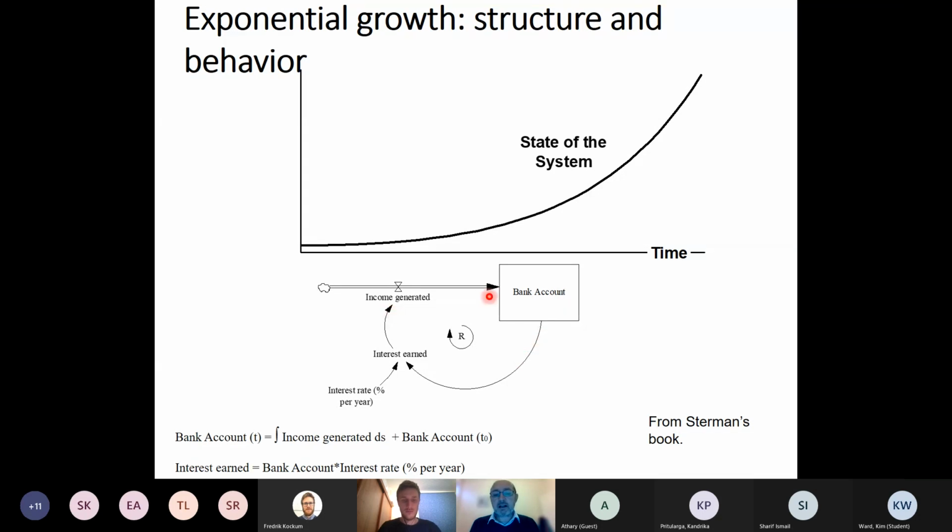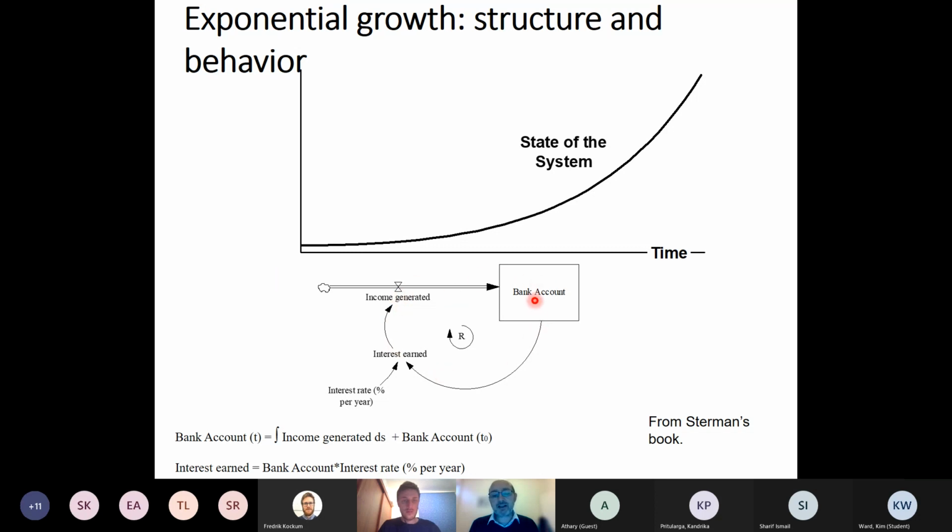So the bank account, in this case, is the accumulation, the state of the system, that tends to be increased by the income that is generated. And how this income is generated is basically from the amount of money that you have in your bank account multiplied by an interest rate. So there is always a factor that multiplied by the stock will give you a certain response, and that response can go elsewhere or it can come back to the stock, right?